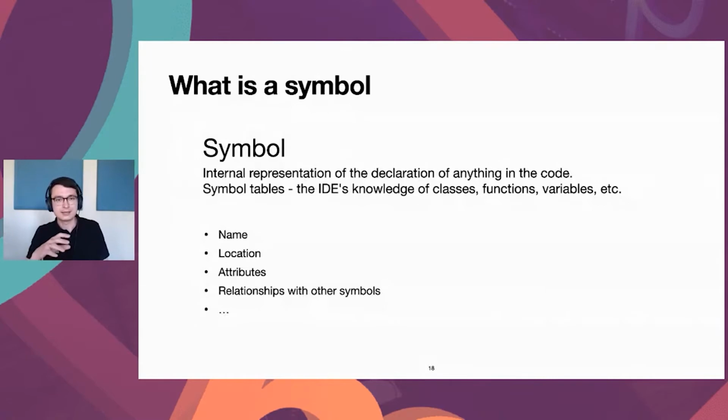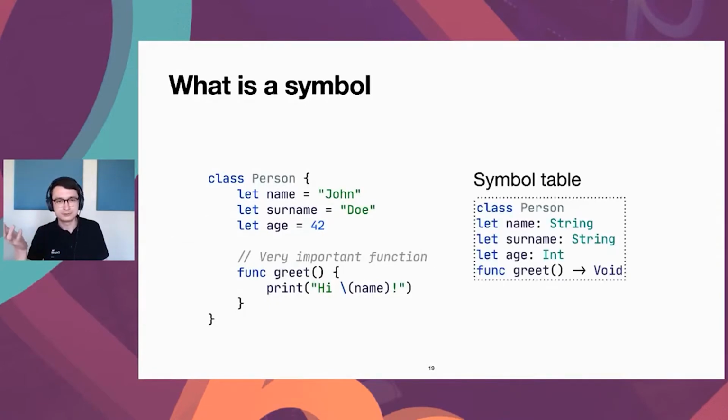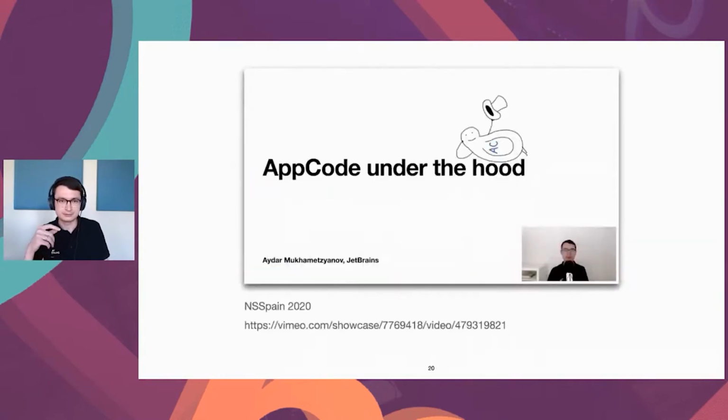And for Swift, just a short example: if you have this Swift file with class person, then the symbol table for this class would look like this, something like class, properties, function which returns void, etc. If you want to know more, you can watch my last year's talk at NSSpain about AppCode and how it works. And there you can find a lot of insight, even if you don't use AppCode, actually.